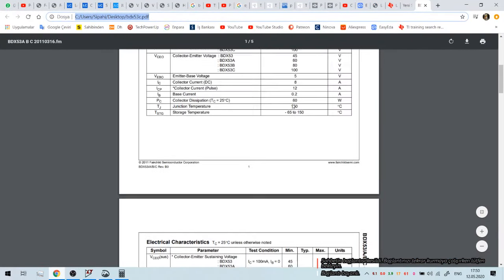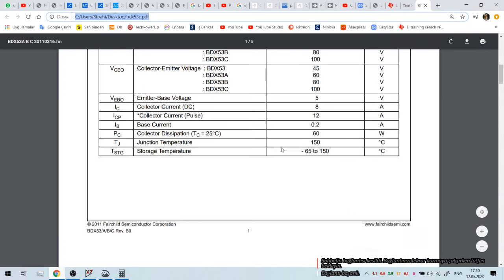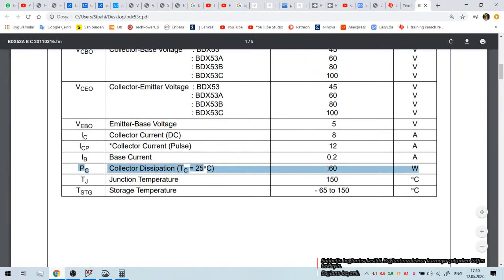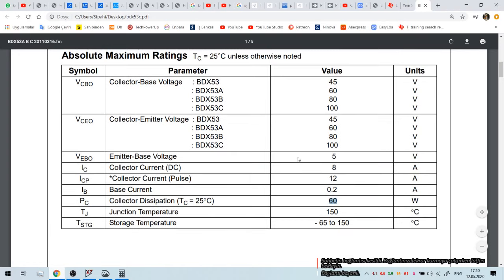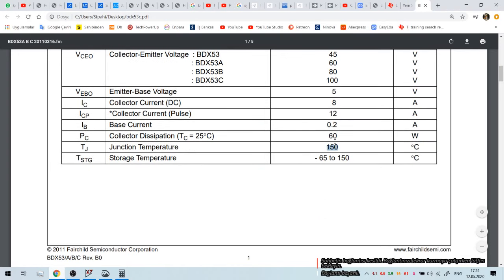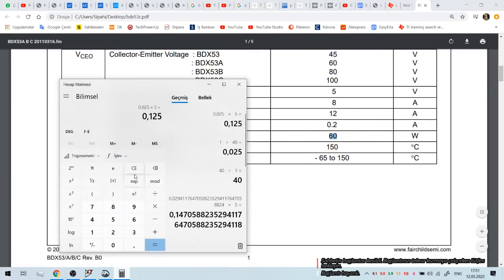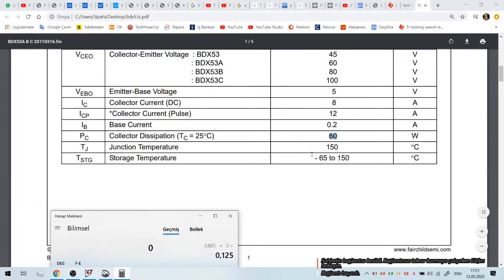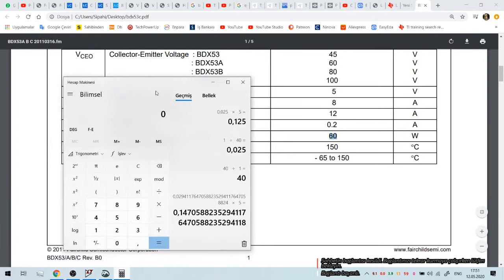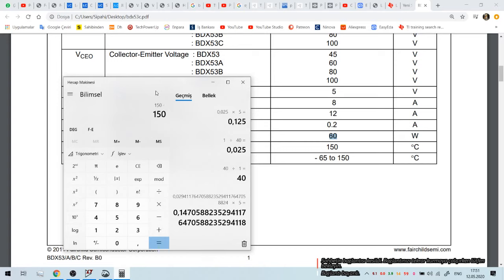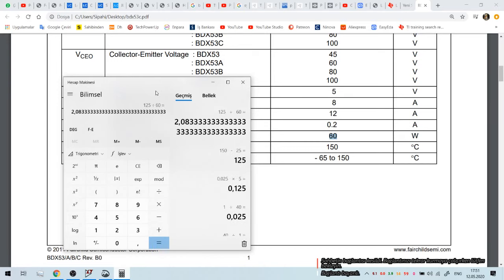You can see this 60 watts limit. We need to do some calculations and say 40 watts for each. And I want to calculate the junction to case temperature. 150 minus 25 divided by 60, nearly 2.08 centigrade degree per watt.